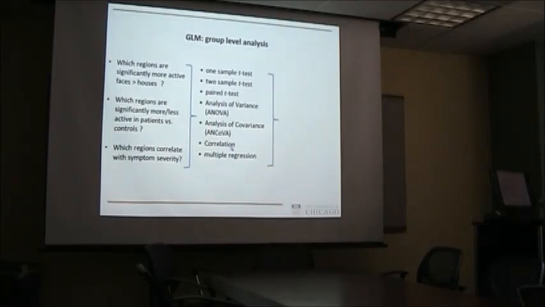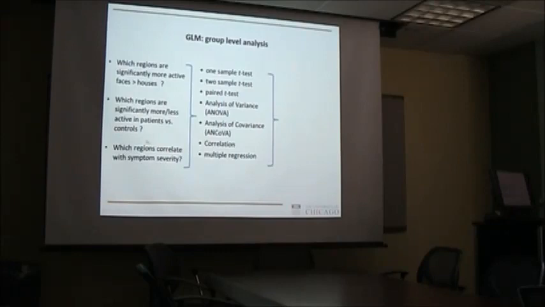And again, this is highly similar to any sort of analysis you run in SPSS. So if you in general are interested in which regions are significantly more active for faces versus houses, you might want to run a one sample t-test. You're not interested in differences between groups, but if you are, then you might want to run a 2 sample t-test to test if your patient group differs from controls.